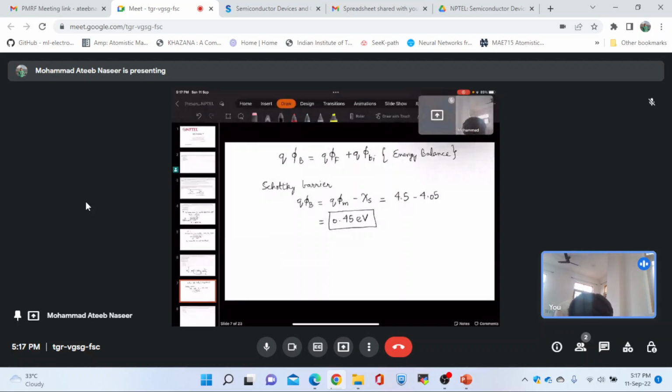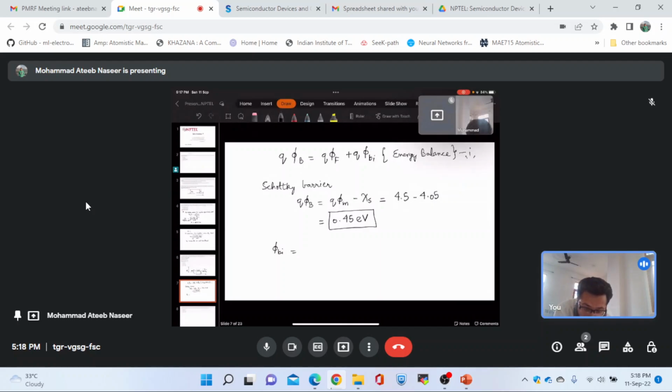Since we need to find the built-in potential, from equation number 1, that is the energy balance equation, we will get the built-in potential to be simply equal to φB minus φF.